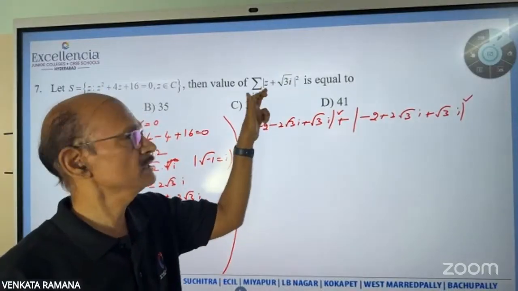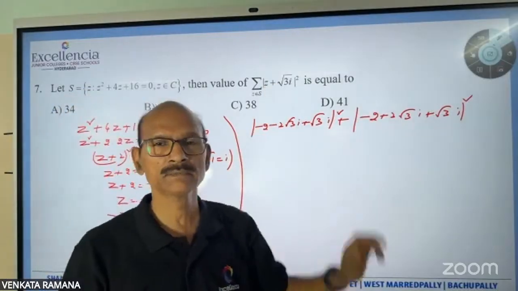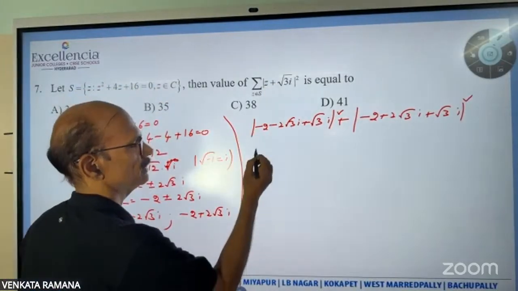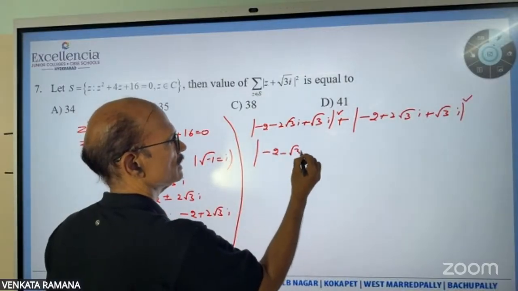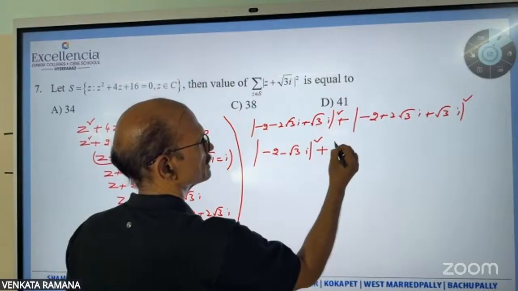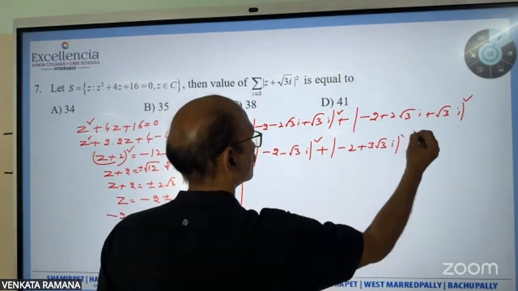In the set S I got two values. First I replace Z with the first value, then I replace Z with the second value.